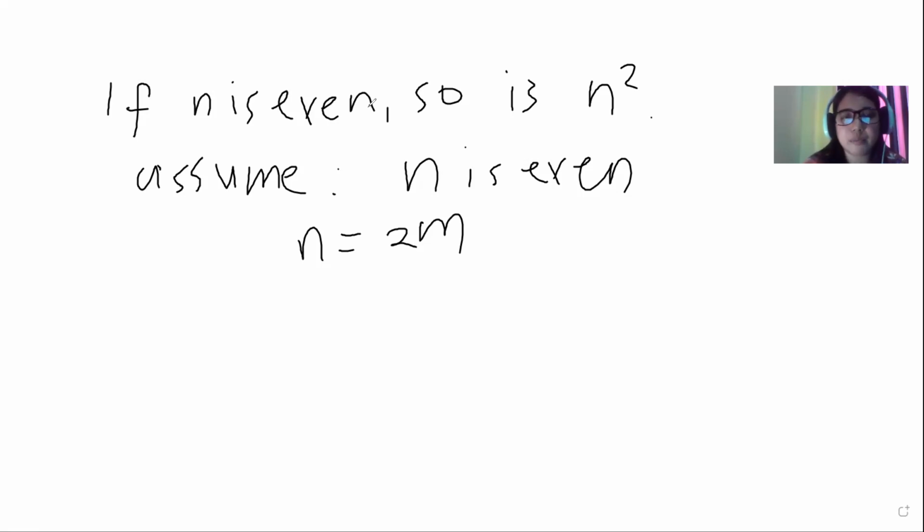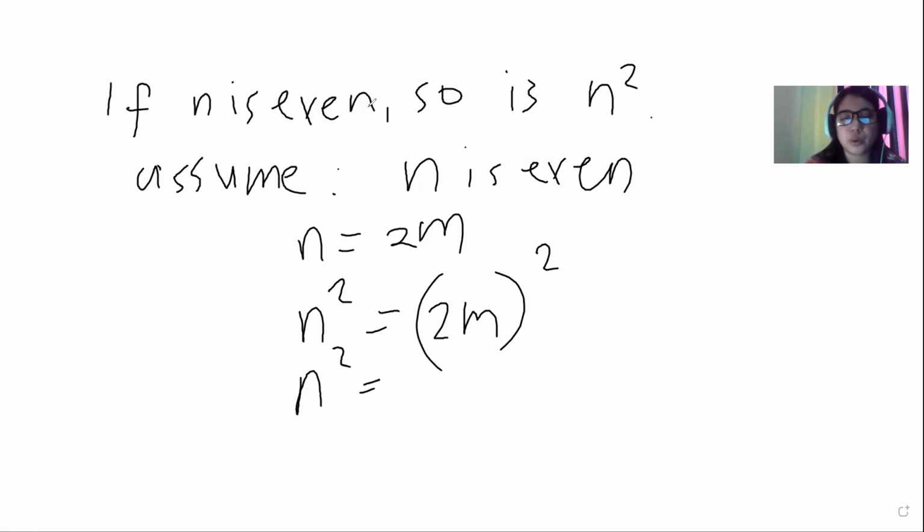And then substitute it and square both sides. So we have n squared equals (2m) squared, and do some algebraic operations. So we have n squared equals 4m squared.